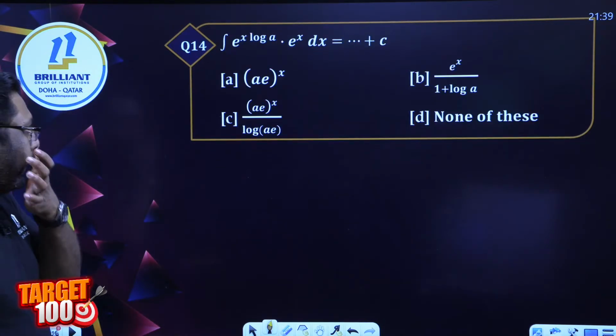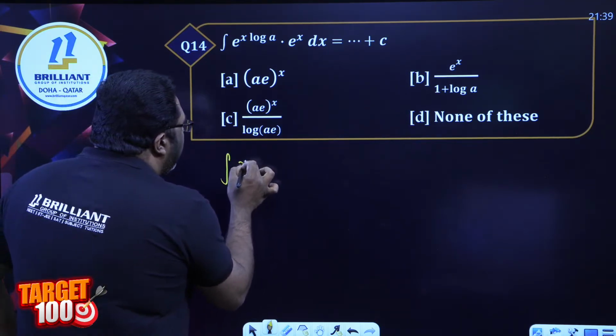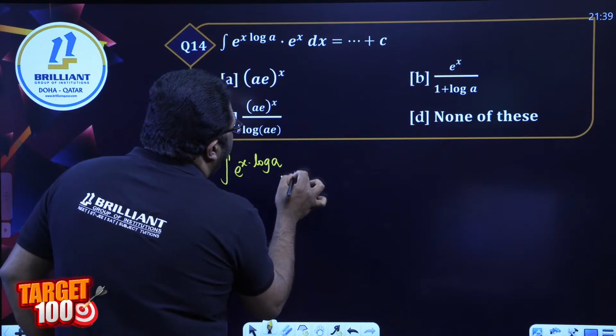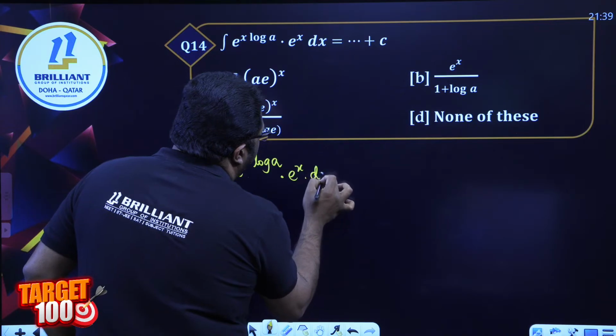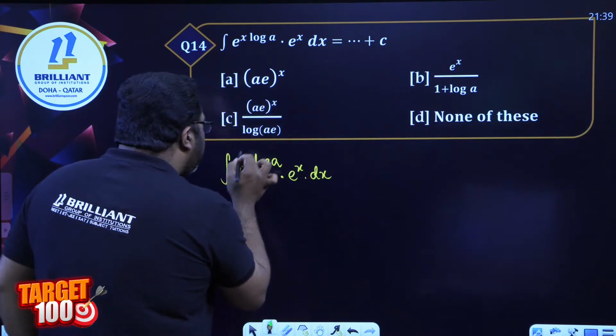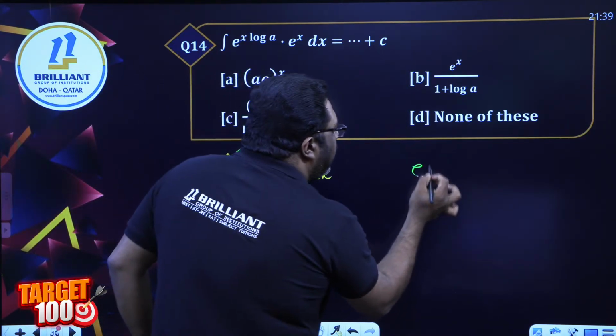Question number 14. The integral of e raised to x log a multiplied with e raised to x dx. This is a very common form. Let me circle this. It's a very common form nowadays. I'm going to take it separately here.